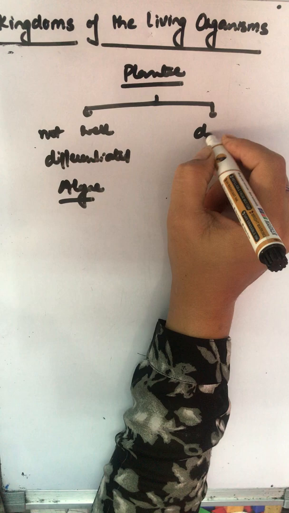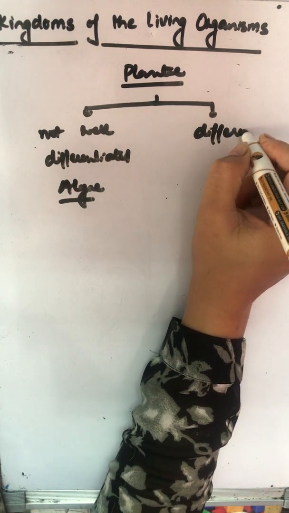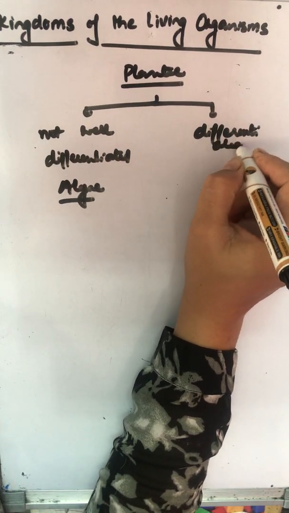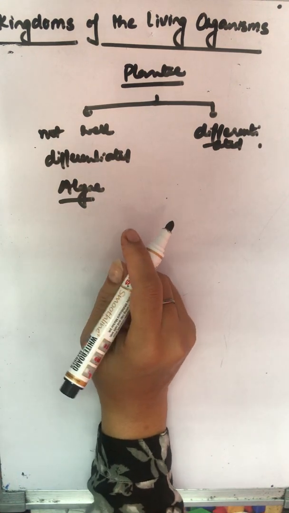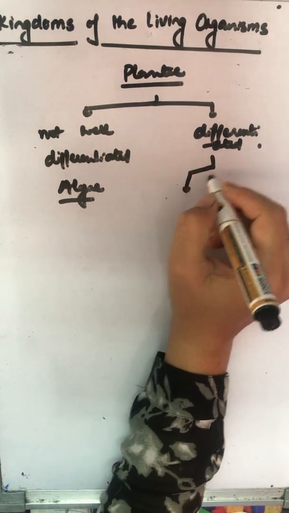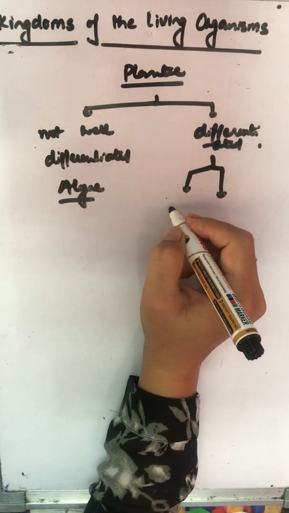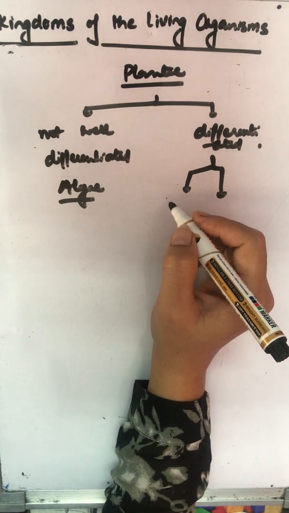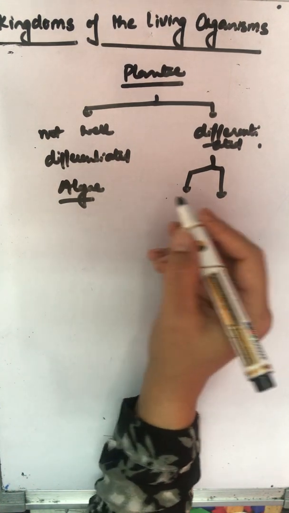When the plant body is differentiated, we call it a higher category, but there also we have to differentiate whether they possess vascular bundles or not.